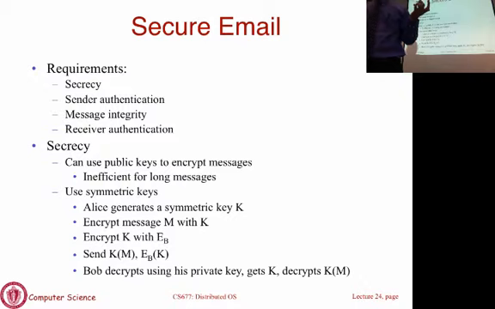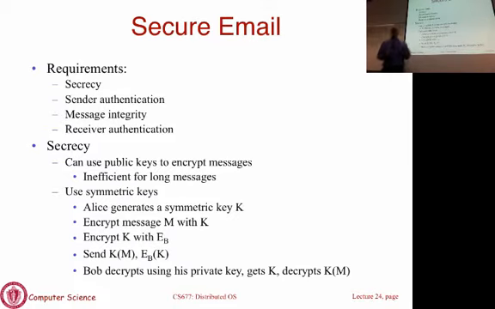Just as when we were looking at digital signatures last time, I said the same thing. So you can simply use a public key to encrypt or sign, or your private key to sign. Same thing is true here. So what we will do is we will actually generate a smaller symmetric key, okay, that will be used to encrypt your email, and we will send the symmetric key securely to the other party.